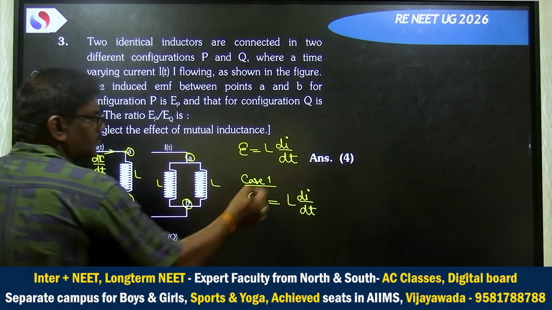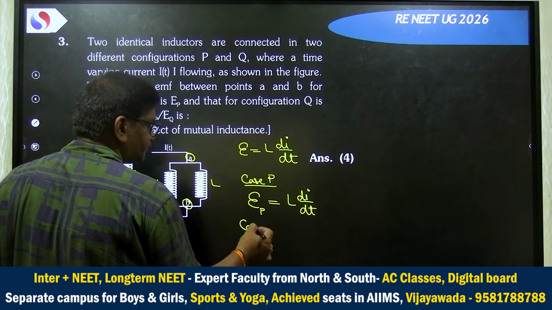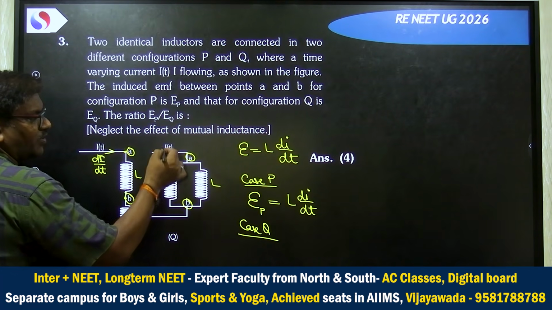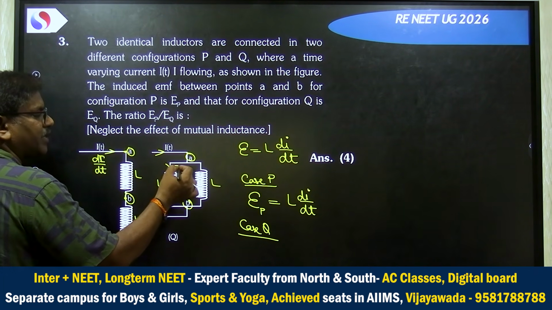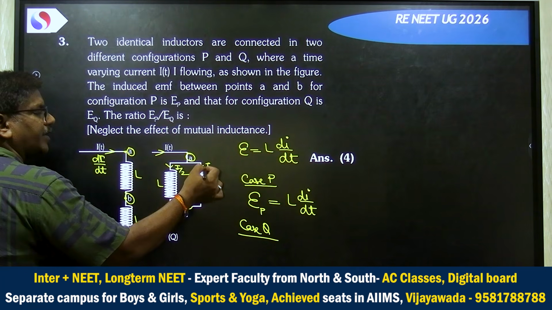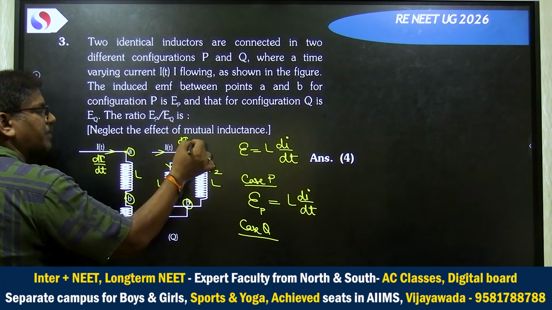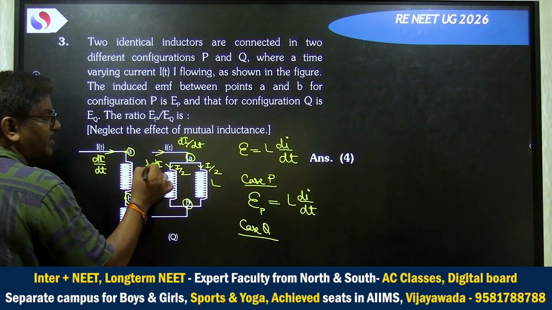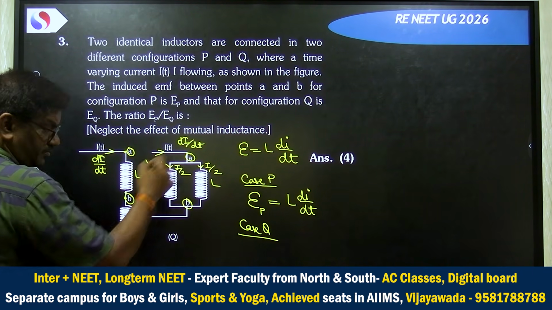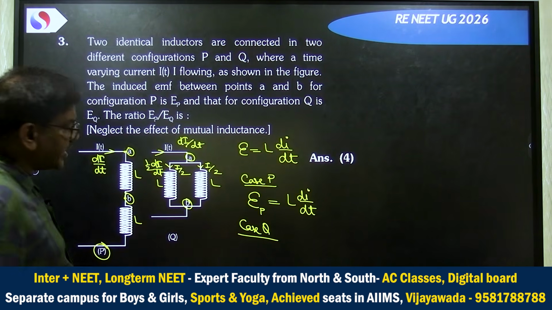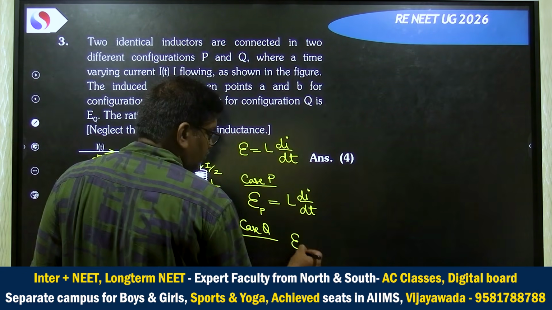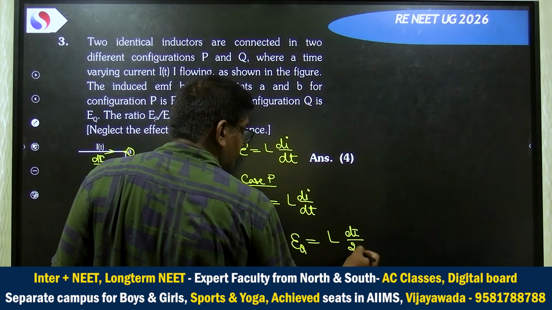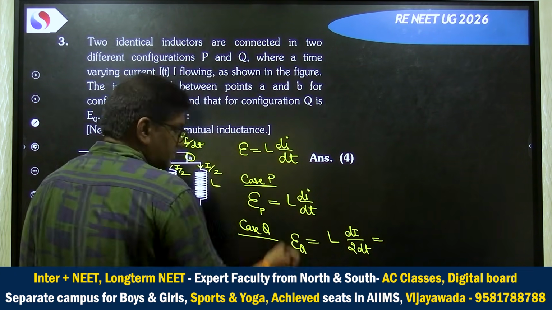While in configuration Q, if I take the same rate of change of current, this is I, and these are identical, so it is I by 2. Same way, if the variation in the current here is di by dt, then the variation in the current in these two coils will also be half, which is 1 by 2 into di by dt in each. So I can consider any of the coils and find EQ, which is L into di by dt by 2, which is clearly EP by 2.